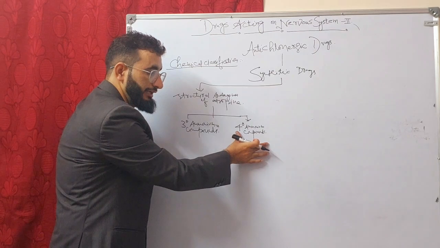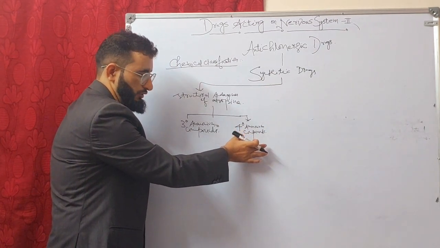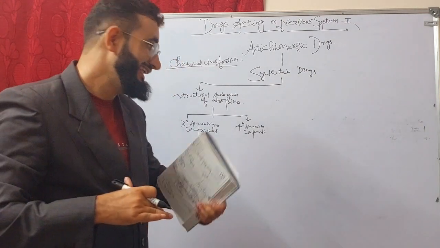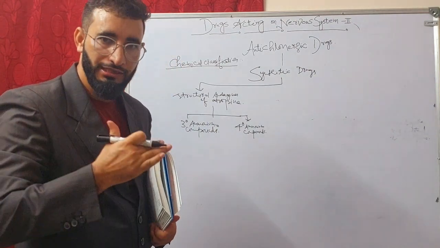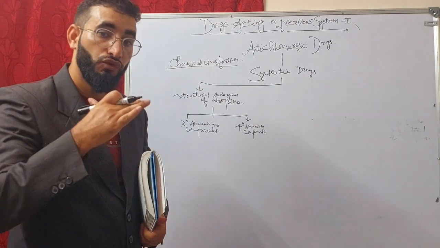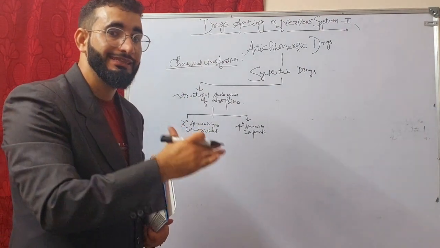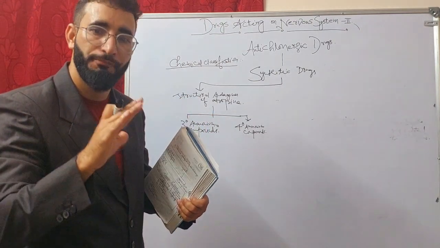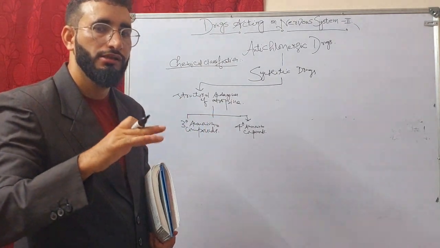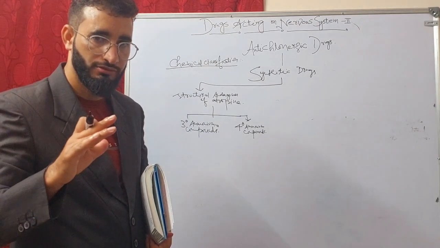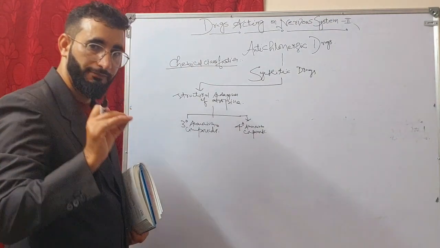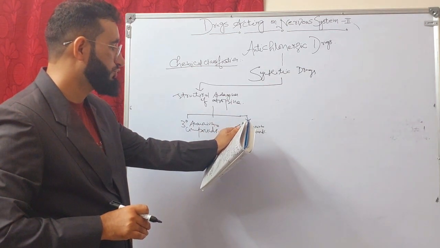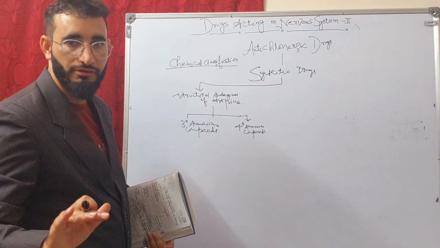This class of drugs, quaternary ammonium compounds, will be hydrophilic in nature. These drugs will not cross the BBB, because for a drug to cross the BBB, it should be lipid soluble and non-ionic in nature. So quaternary ammonium compounds will not cross the BBB at all.